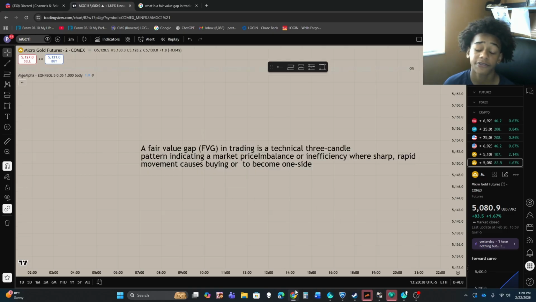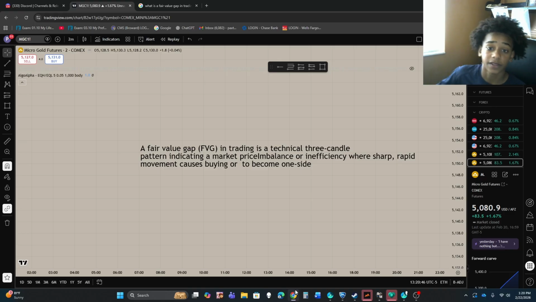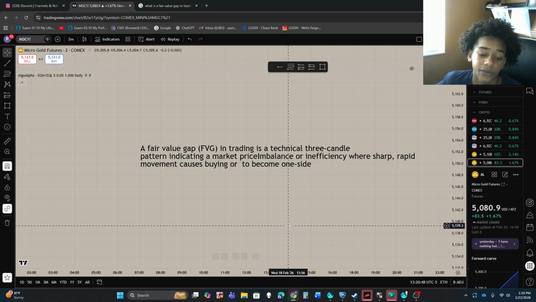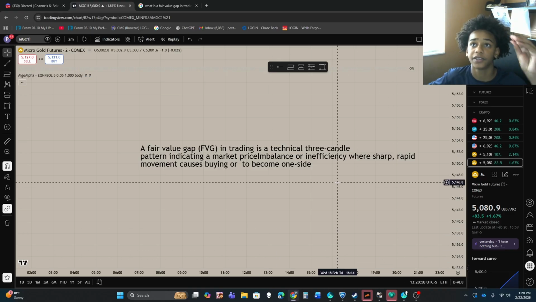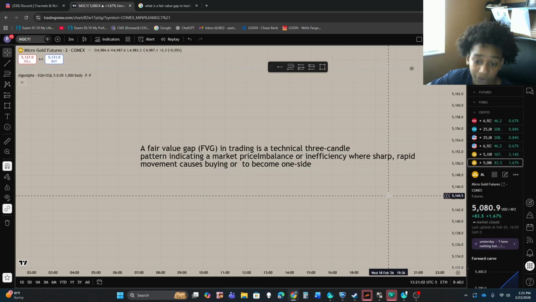So in other words, fair value gaps are a three-candle pattern that forms when sellers or buyers are taking over in the market. This is formed when the top of the first candle and the bottom of the third candle create a gap in the second candle, and we can use that to make trades off of it.